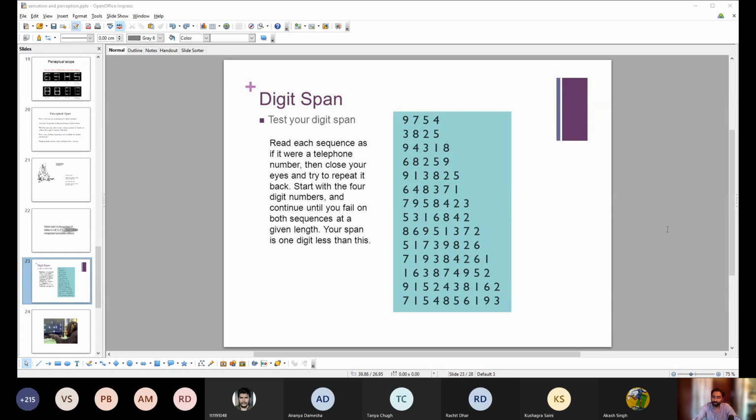Yes, Ayush says it sounds like the RAM of our brains. I mean, it's not a joke. There are people who have metaphorically said this is indeed like RAM.